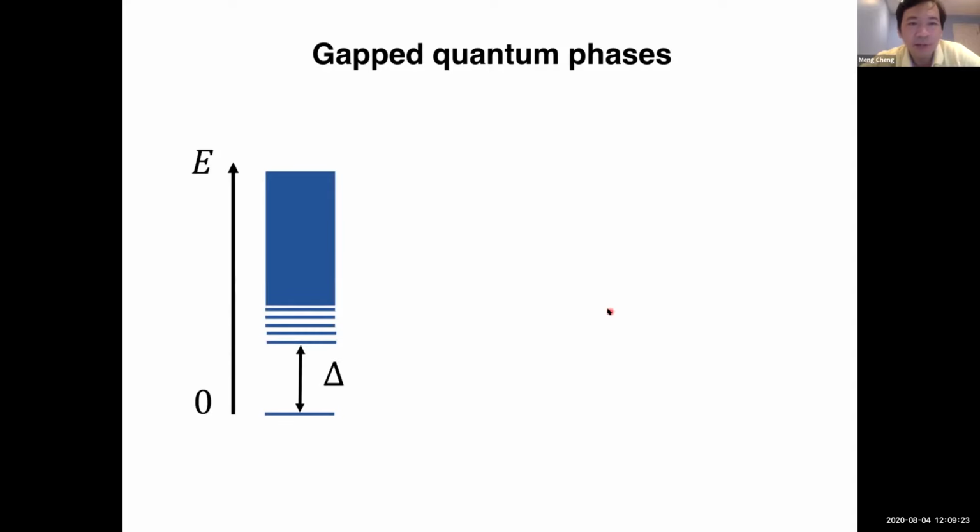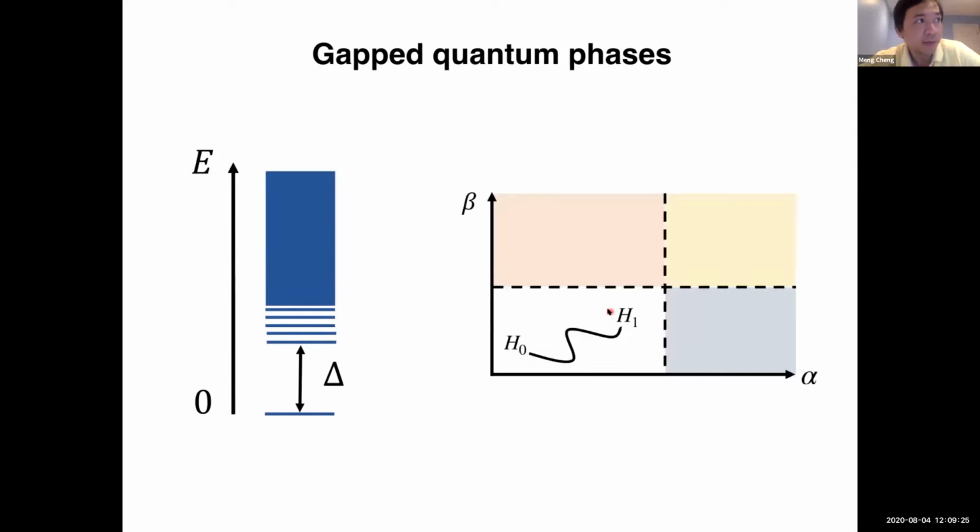Okay. Now, for such systems, there's a well-defined notion of quantum phases given by adiabatic continuity between the ground states of different Hamiltonians.